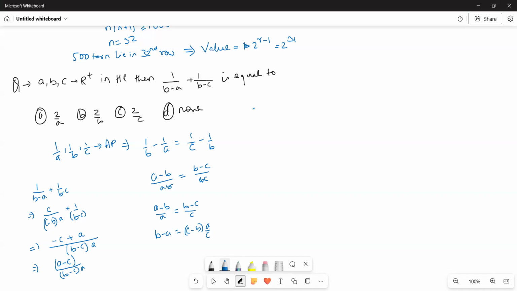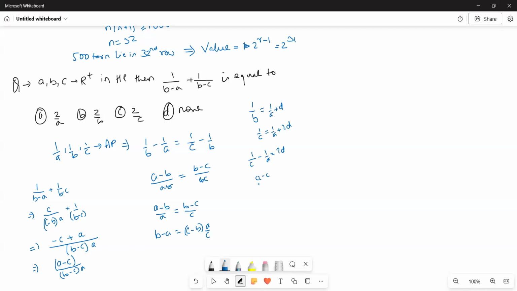So if 1 by A, 1 by B, 1 by C are in AP, so 1 by B is 1 by A plus D, and 1 by C is 1 by A plus 2D. So 1 by C minus 1 by A is 2D.